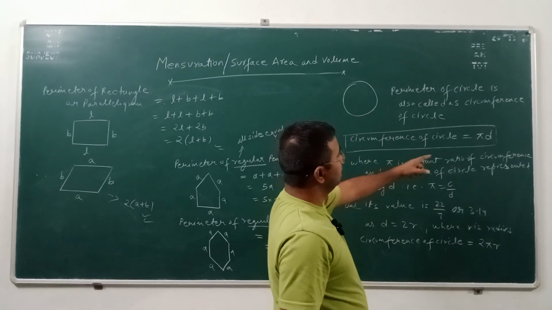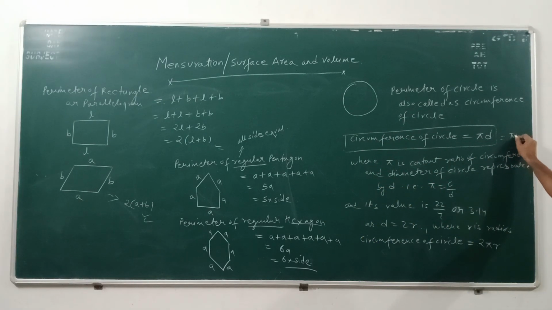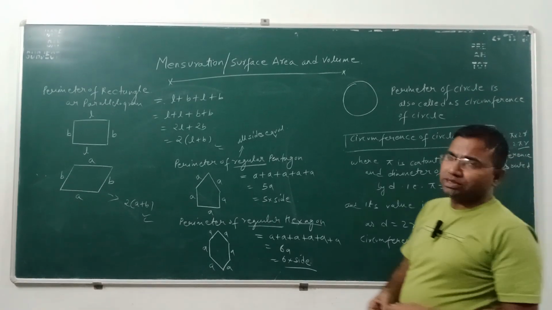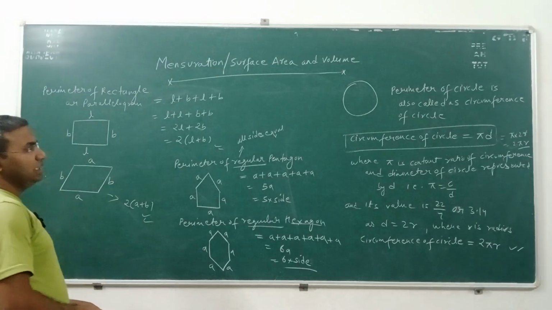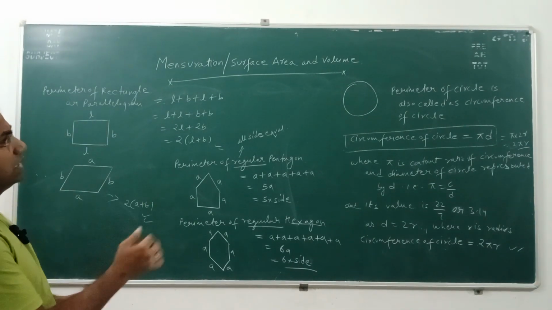When you put 2r in place of d, then this can be written as 2 pi r. So see here, the circumference of a circle in terms of r will be 2 pi r. So see here how you will calculate the boundary length of a circle.